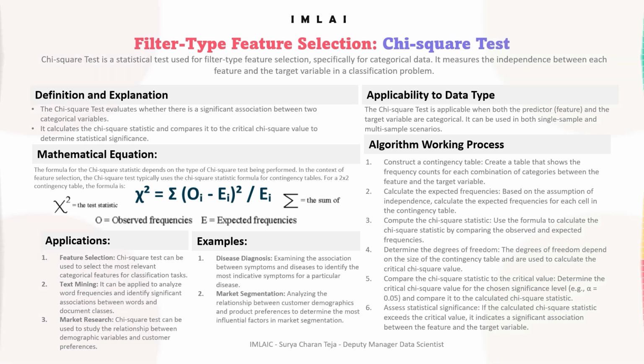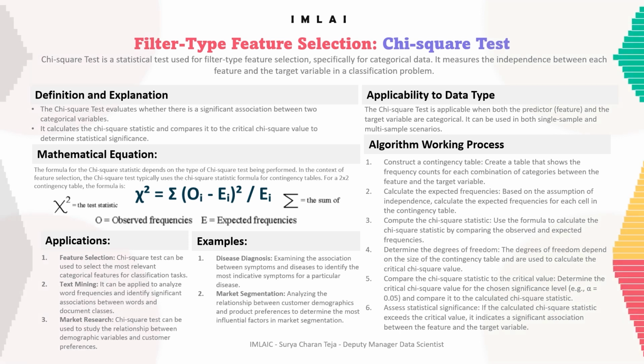And similarly, we can look at customer churn analysis, investigating the relationship between customer attributes, for example age, gender, location, and churn behavior to identify predictors of customer churn.